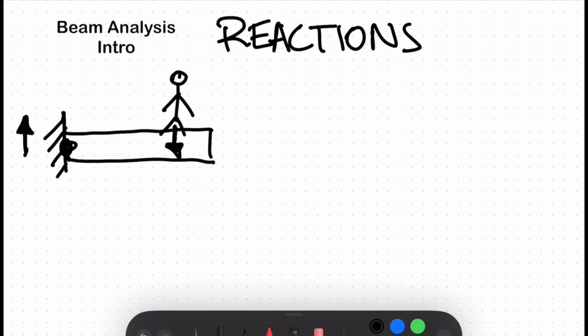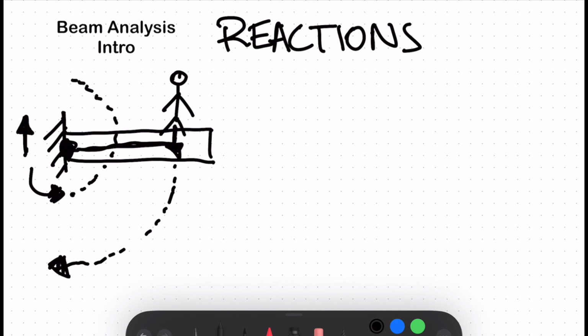Because he's standing at a distance from this point, we're also going to have a moment, right? So we're going to have a moment pushing down around this point and at this distance. Because this beam's not moving, we need to have a moment counteracting that, in this direction, going around this point, equal to this moment. And then finally, maybe we have someone here pushing this beam in this direction.